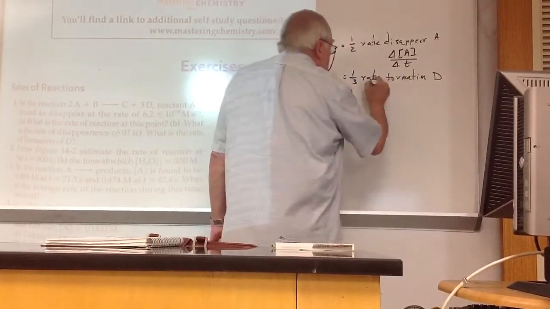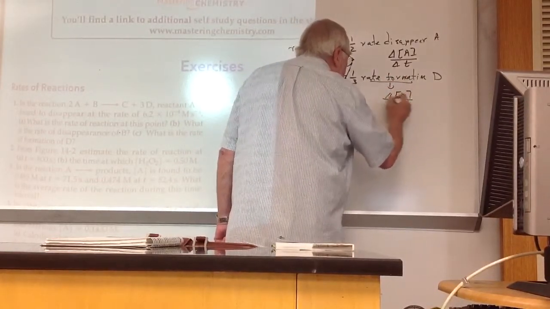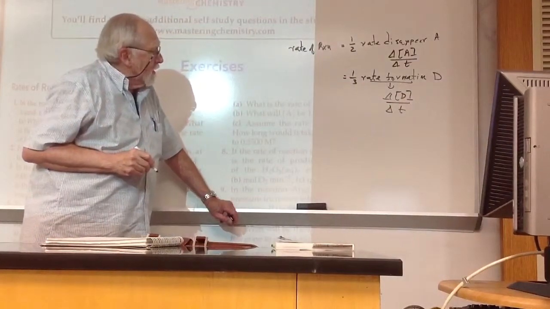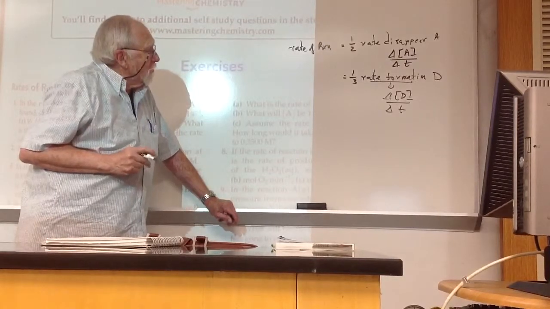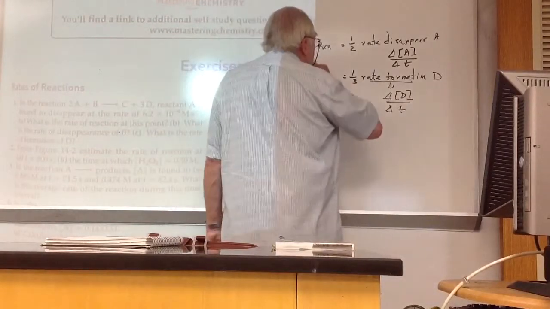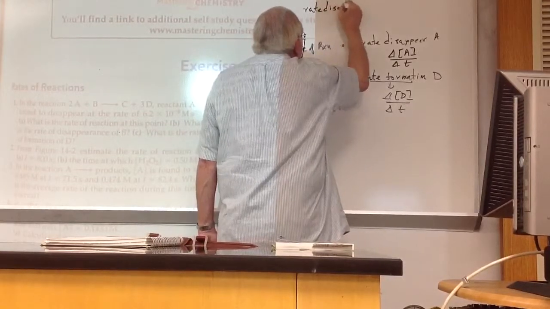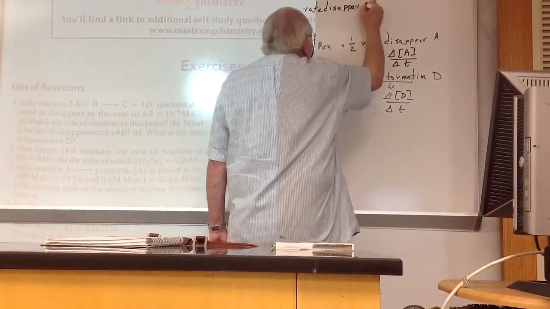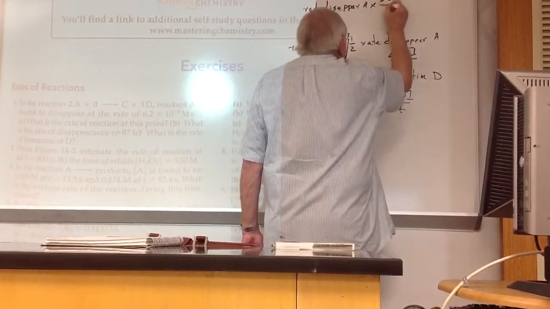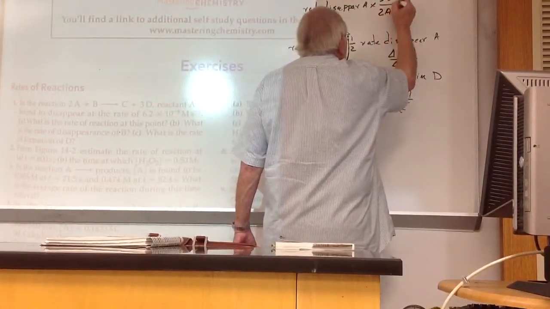D. And this rate of formation of D would be delta concentration D. And notice if I wanted to go from the rate of disappearance of A to the rate of formation of D, I would say... I'm looking at the balanced equation, that's why I look over there.